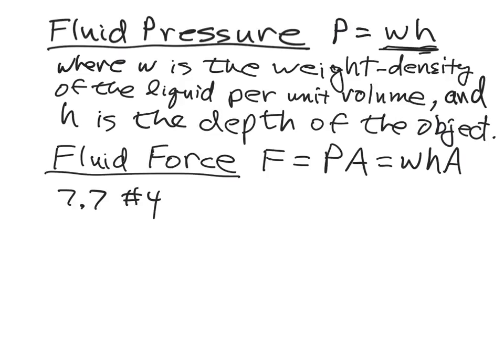But it kind of gives you an idea what we'll be dealing with. And the problem on 1 through 4, it says the area of the top side of a piece of sheet metal is given. The sheet metal is submerged horizontally in 8 feet of water. Find the fluid force on the top side.